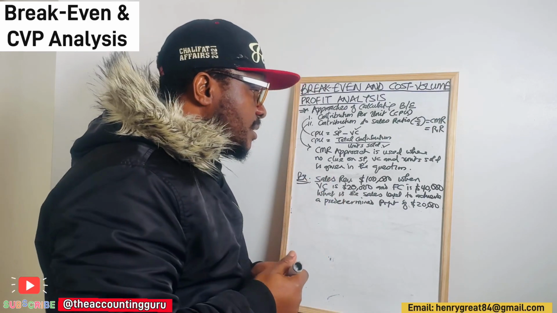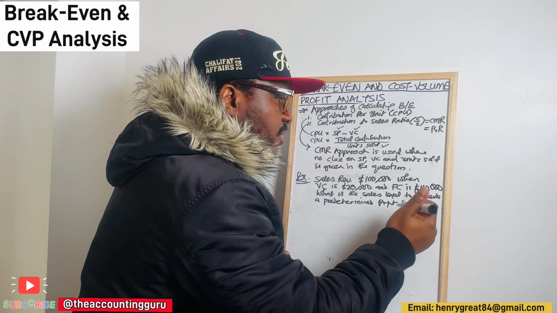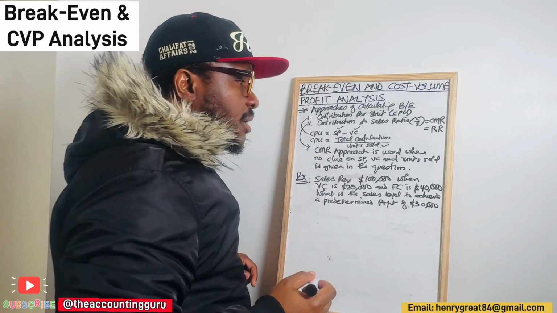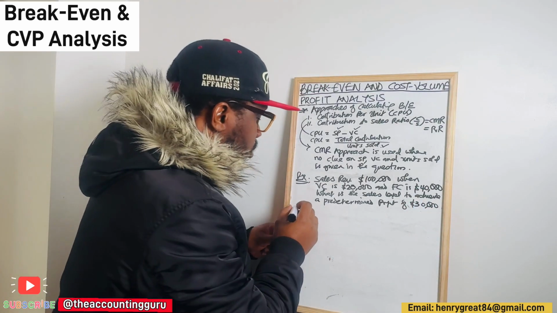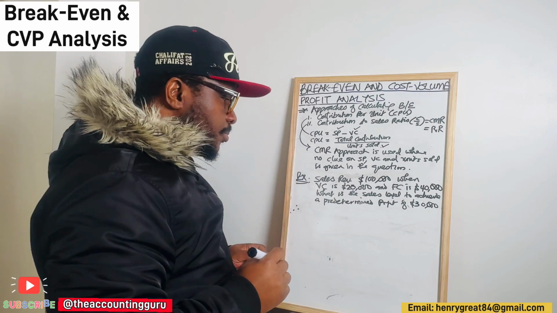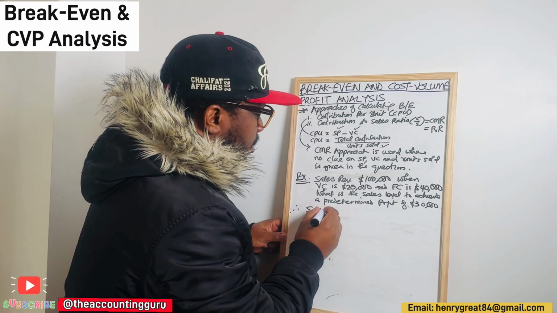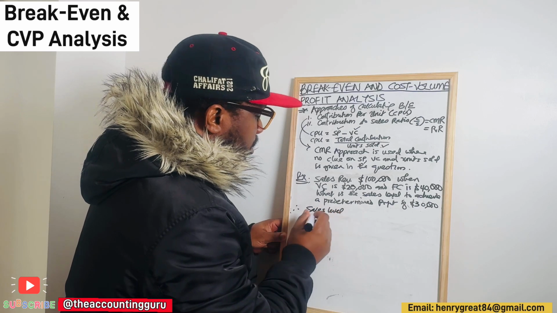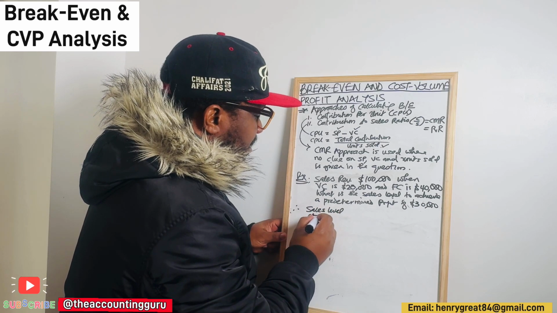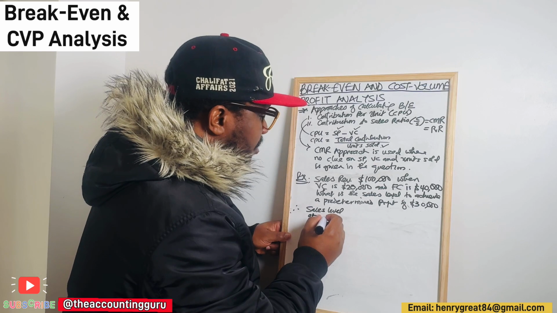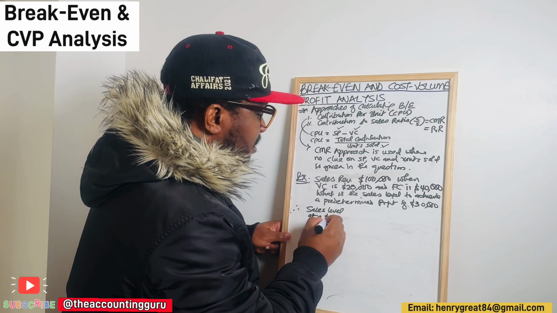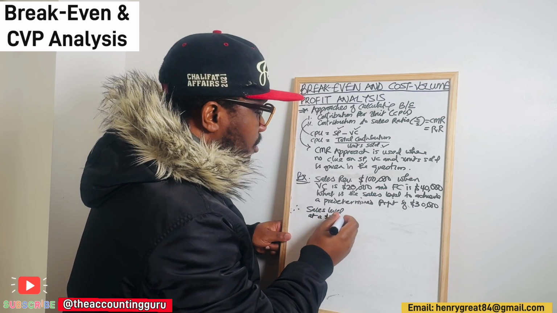Let's say the predetermined profit is $30,000. So the solution will be: sales level at a predetermined profit of $30,000.